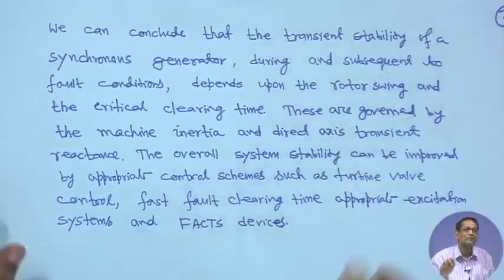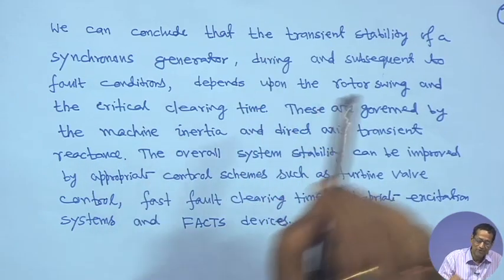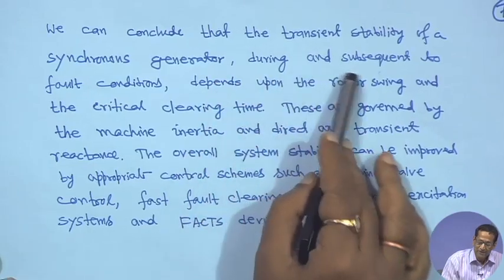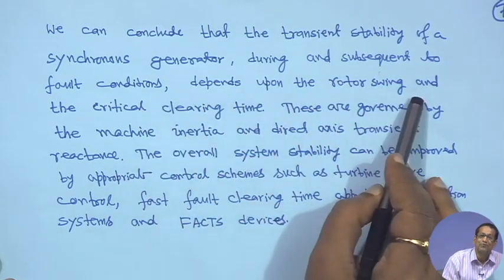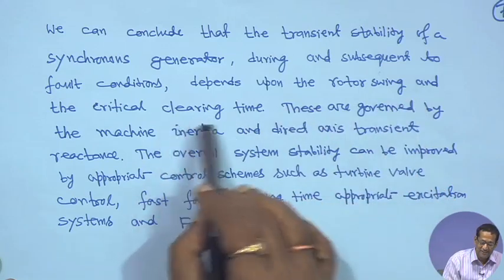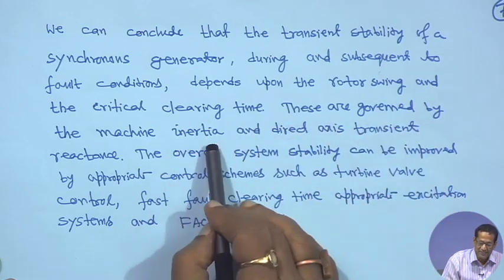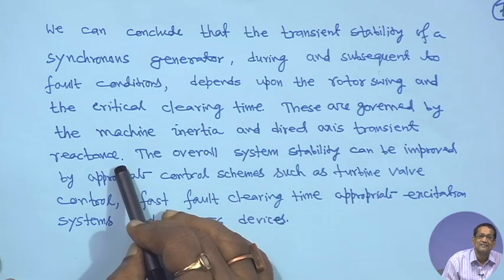what is the conclusion. I have written something here that we can conclude that the transient stability of a synchronous generator during and subsequent to fault conditions depends upon the rotor swing and the critical clearing time. These are governed by the machine inertia and direct axis transient reactance.